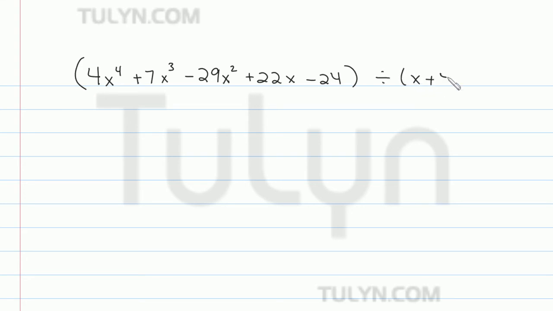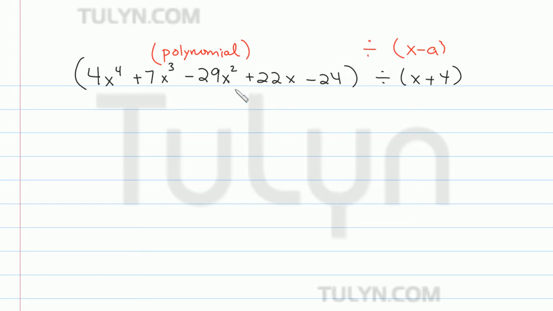Simplify using synthetic division. 4x to the fourth plus 7x cubed minus 29x squared plus 22x minus 24 divided by x plus 4. So now, in general, to use synthetic division, you have to have a polynomial divided by a binomial of the form x minus a.